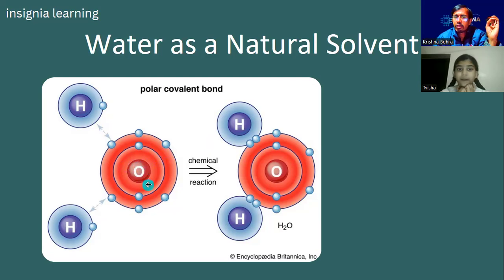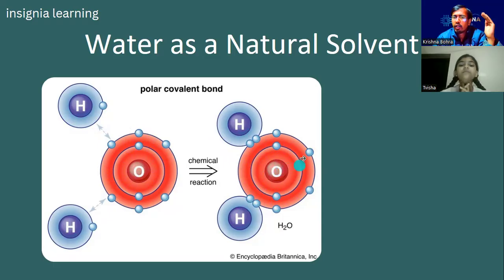Now, what actually happens? Oxygen has a greater electron affinity, as it is a powerful electron attractor, you can say, as compared to the hydrogen. So when they share electrons, it pulls the electron towards itself from this hydrogen, and from this hydrogen too.